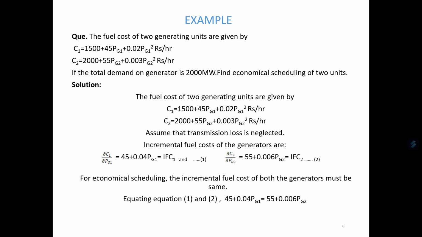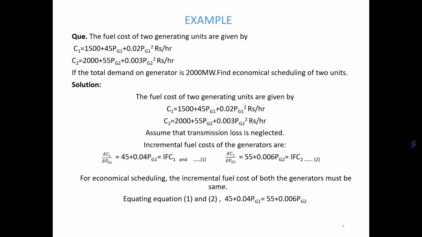Now what is the numerical? We are going to solve one simple numerical. The statement is: the fuel cost of two generating units is given by C1, where C1 represents the fuel cost equation for generator 1. So C1 = 1500 + 45 Pg1 + 0.02 Pg1², where Pg1 is the power generated by generator 1 and the unit is rupees per hour.